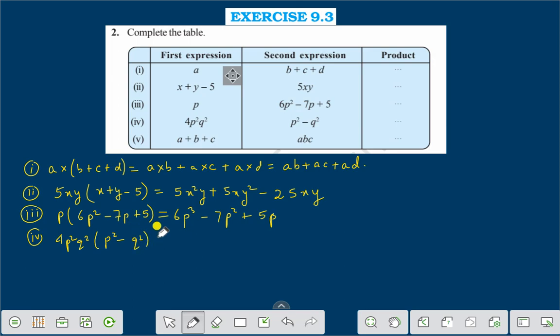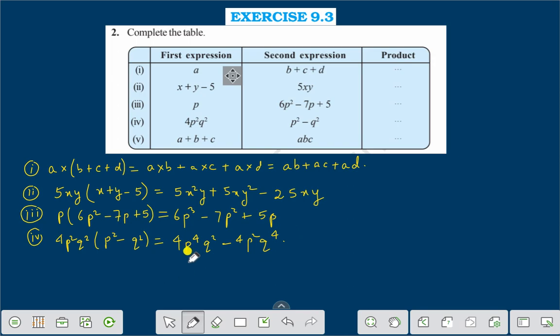Therefore we are getting 4 p square and p square is p to the power 4, q square, minus 4 p square q square and q square is q to the 4, and that is the answer. That is 4 p to the 4 q square minus 4 p square q to the 4.